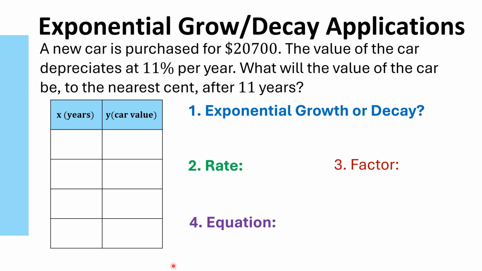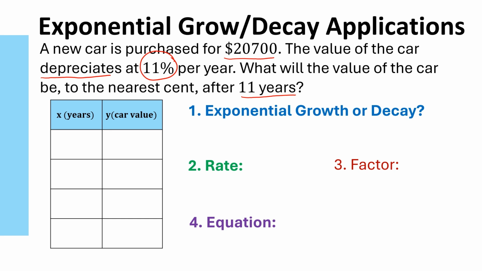In this problem, we're given that the value of a new car is $20,700, and the value of the car is going to depreciate, so that means it's going to go down by 11% each year. And we want to know what's the value of the car after 11 years.